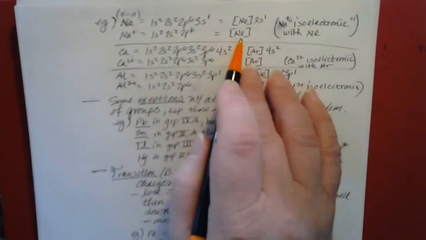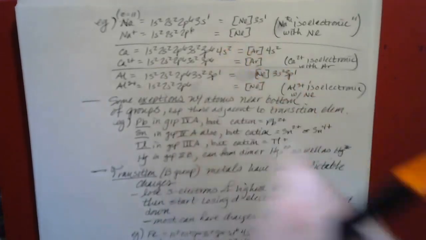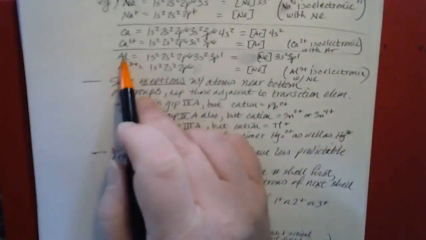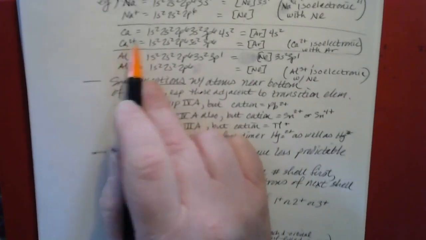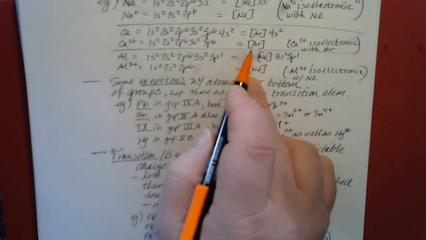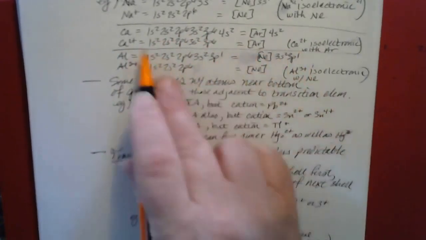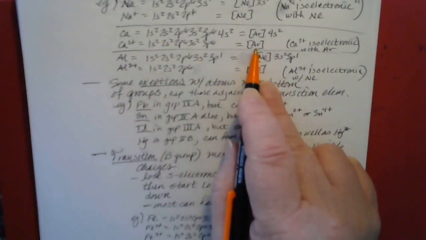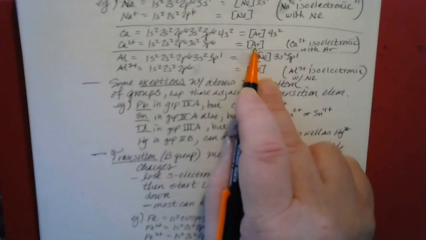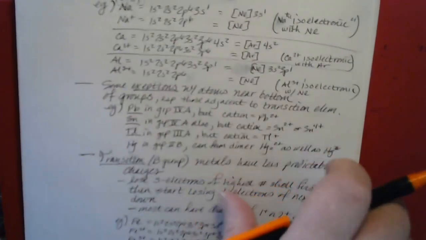So Na+ is isoelectronic with neon. Similarly, Ca2+ loses its valence electrons, which gives it the same electron configuration as argon. And so Ca2+, whichever way you prefer to write it, is isoelectronic with argon, which makes it much more stable.